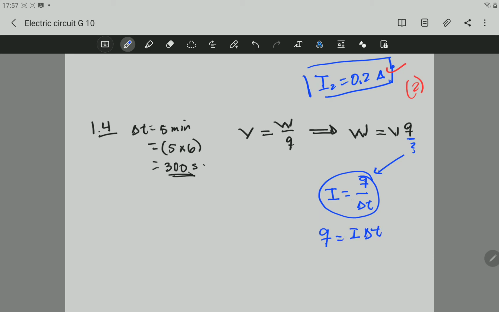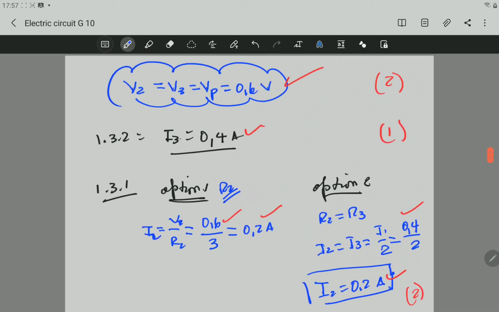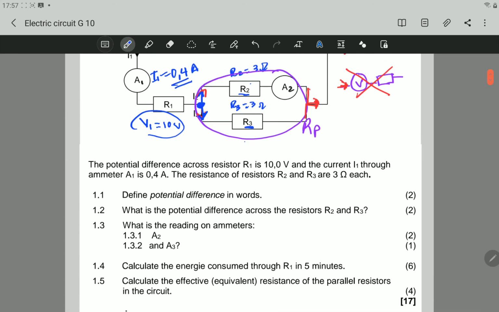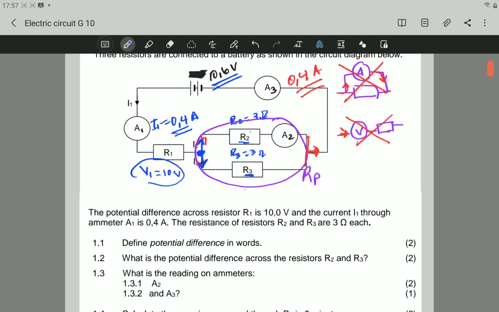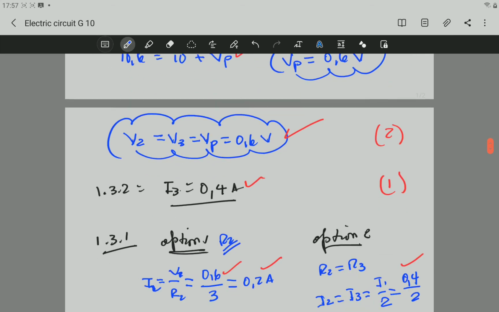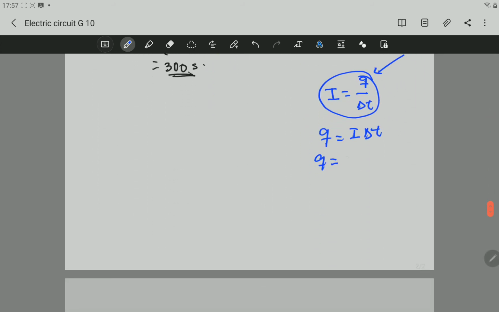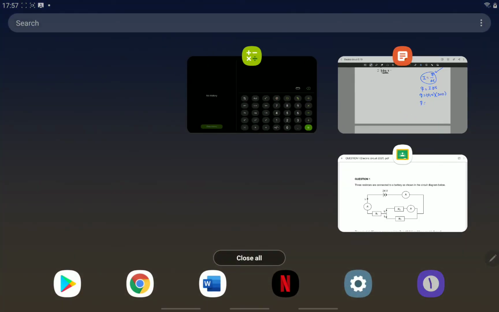So we can calculate this charge. The current that flows through R1 is 0.4, and the time is 300. So we can now quickly calculate 0.4 times 300.